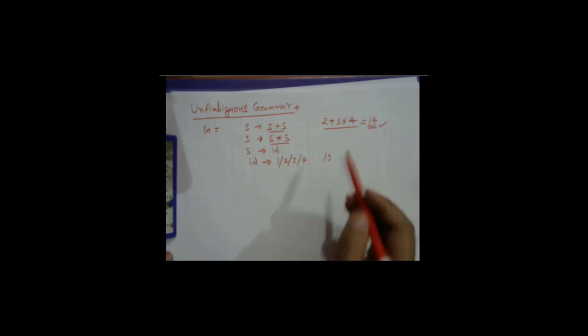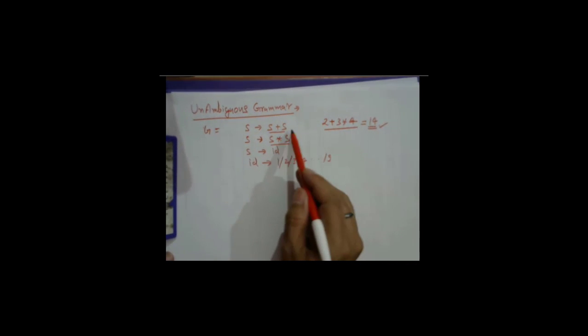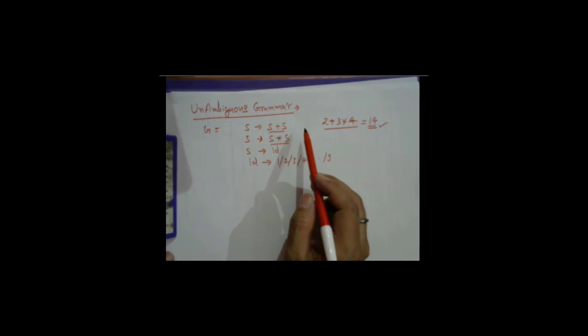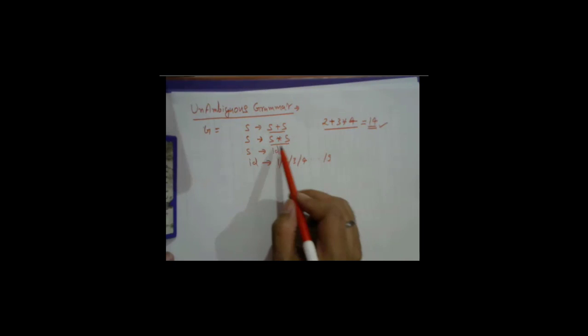We put some assumptions here, according to the precedence of operators: plus and minus have the same precedence, and multiplication and division have the same priority. Then we use additional variables. Suppose we use plus and minus for one variable, and multiplication and division for another.